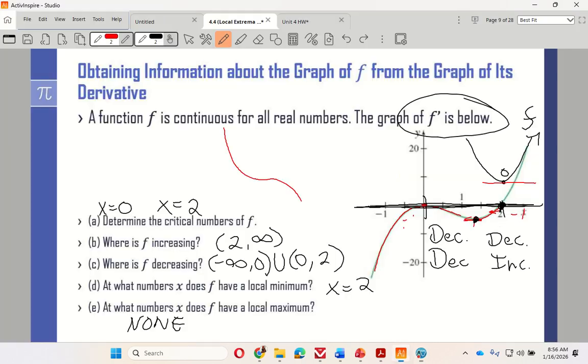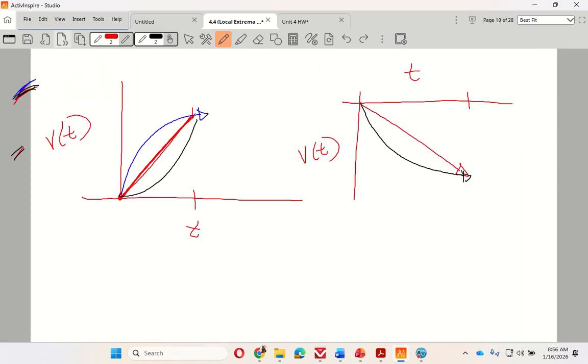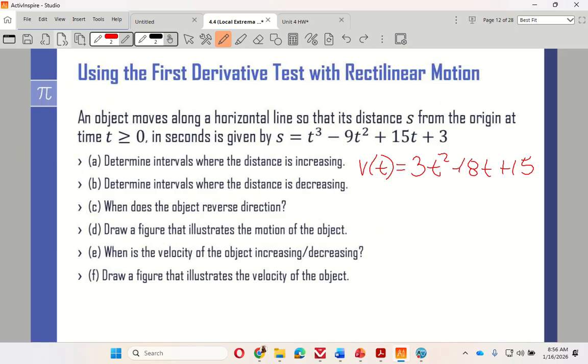We're going to do the derivative test, even though it's part of the next set of notes. So I have the acceleration, which is 6t minus 18. So I factor that.